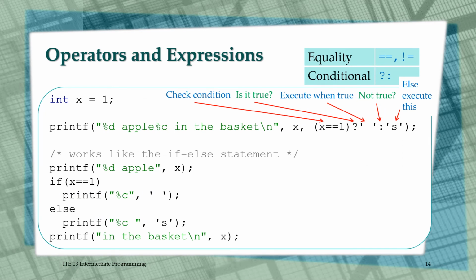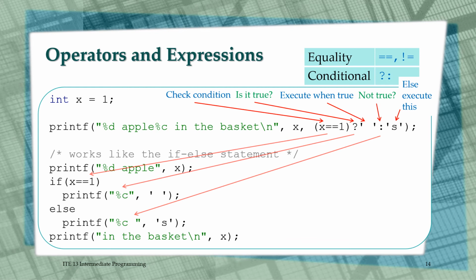Our next example is on equality and conditional operators. The question mark and the colon operators of the conditional are used as a pair, where the question mark indicates that the preceding clause is a condition, and the succeeding is performed if it yields true. The colon operator, on the other hand, signifies the else part, so when the condition is false, this will be performed instead. Take a look at how the conditional operators work similarly to the conditional statement.